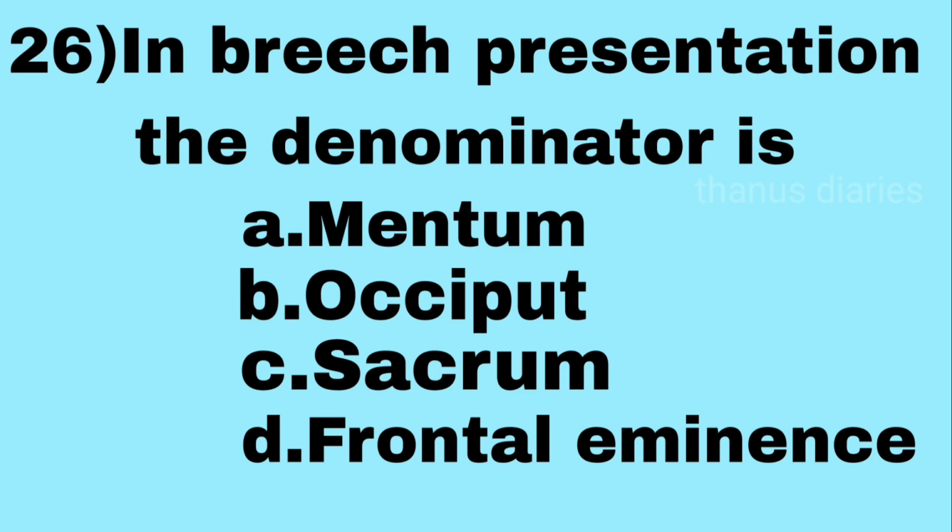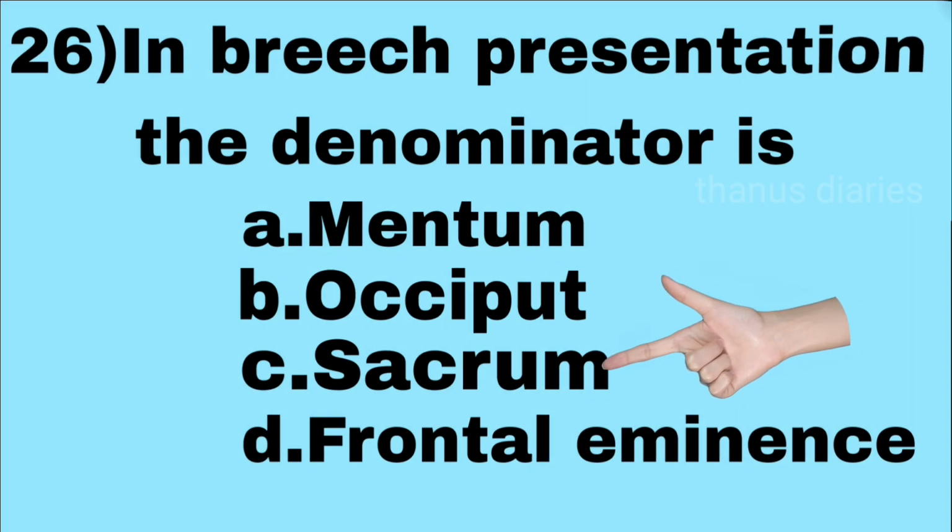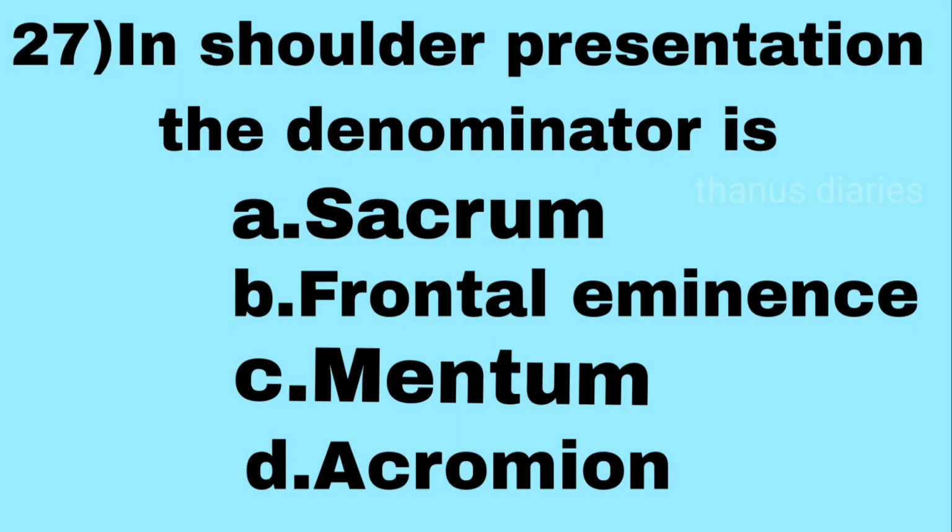In breech presentation, the denominator is: mentum, occiput, sacrum, frontal eminence. The answer is sacrum. In shoulder presentation, the denominator is: sacrum, frontal eminence, mentum, acromion. The answer is acromion process.